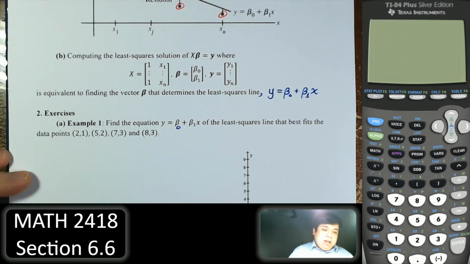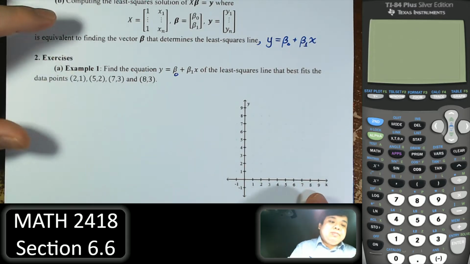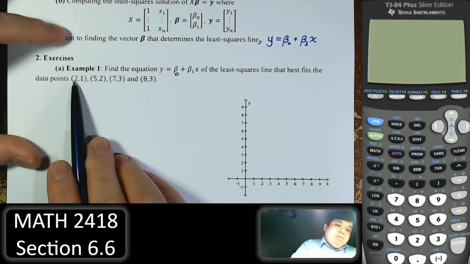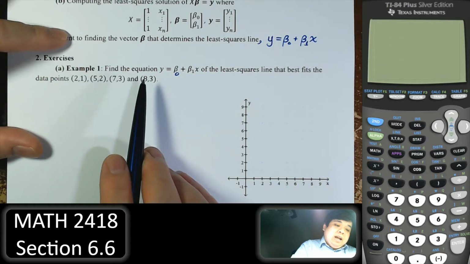So let's look at the first example. The math itself in this section is simple, but I just want to show you a lot of things that we can use in the calculator. First we have the points, of course: x1 y1, x2 y2, x3 y3 and x4 y4.